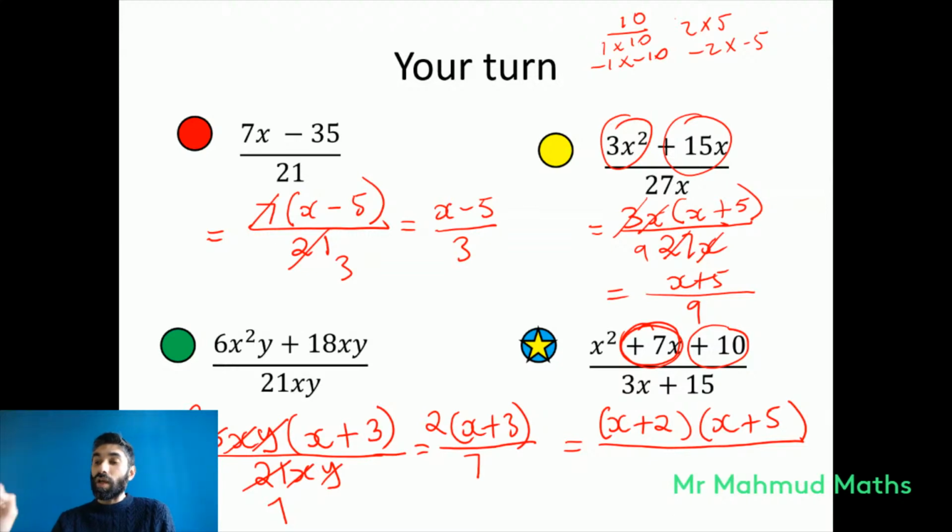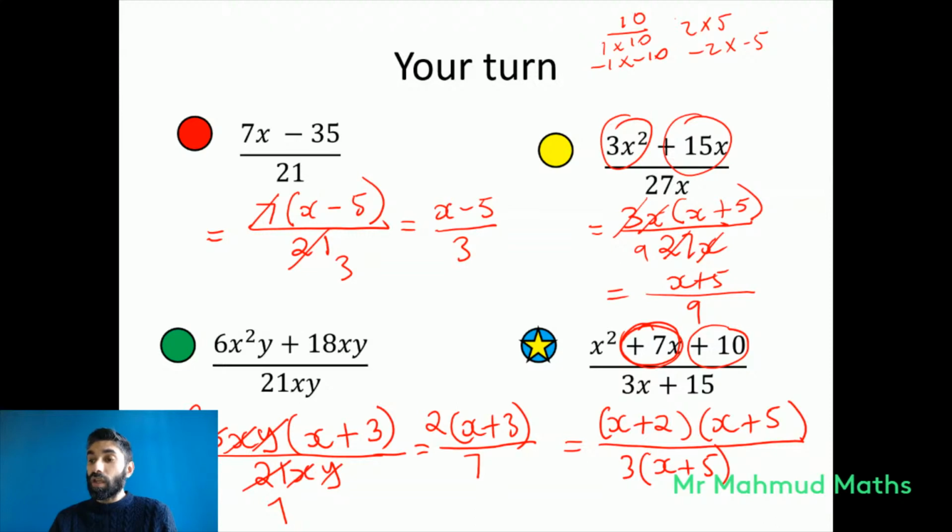Now we're going to factorize the bottom part here. This bit is probably easy for you now because we've done this before. So highest common factor is 3 and x plus 5, and that's it. Now you will notice at the top we have x plus 5, at the bottom we have x plus 5.